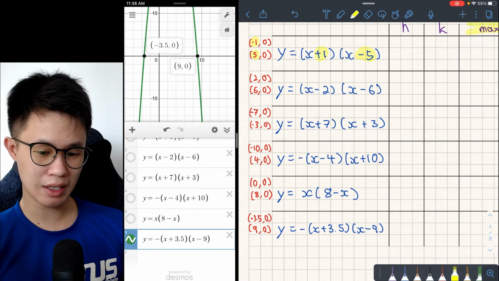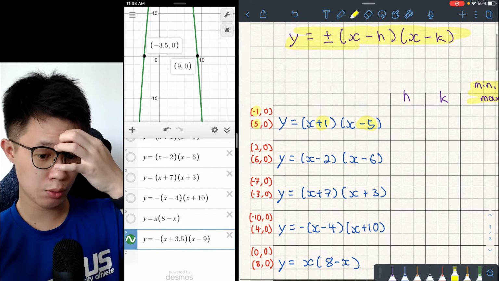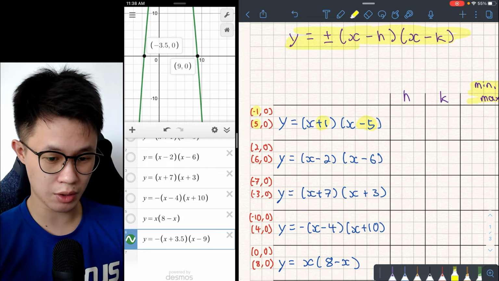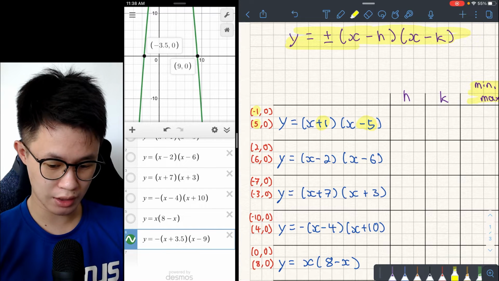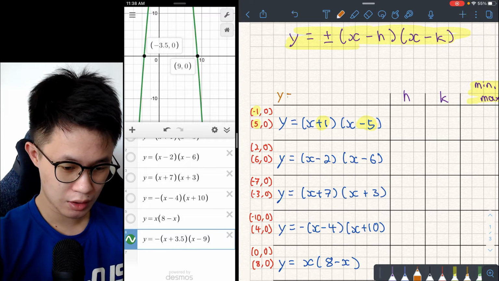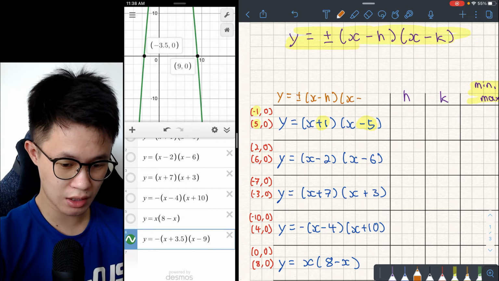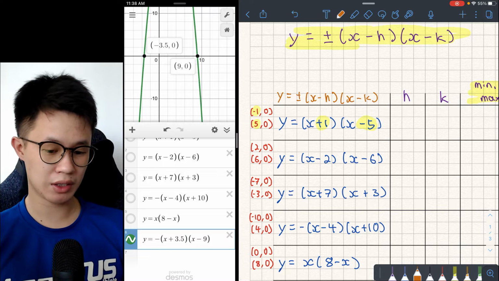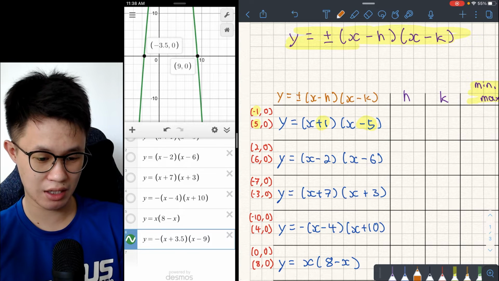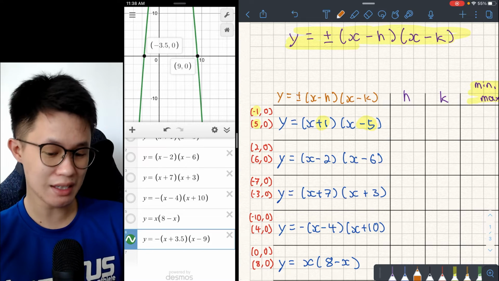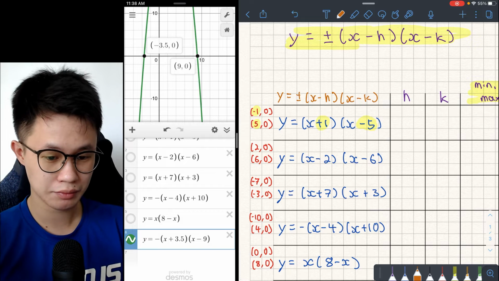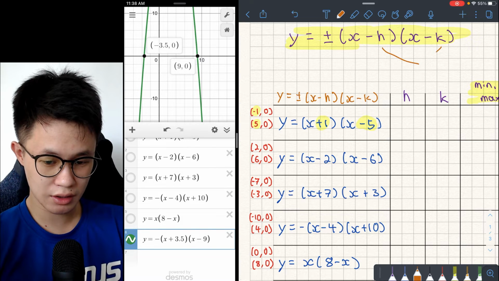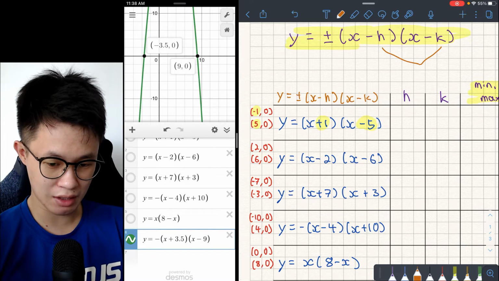So we can compare with the original equation, y equals plus or minus (x minus h)(x minus k). We can easily deduce what k and h could be. When we identify k and h, that tells us these are our x-intercepts.